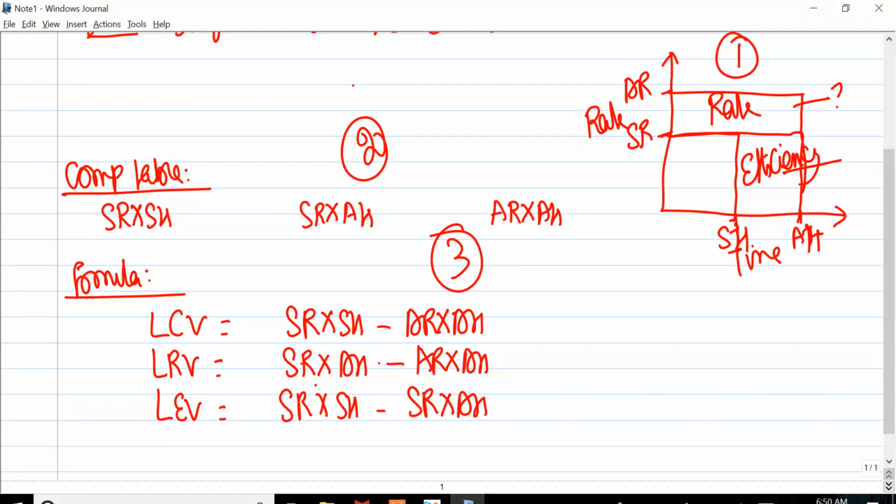And AR refers to rate actually paid per hour.